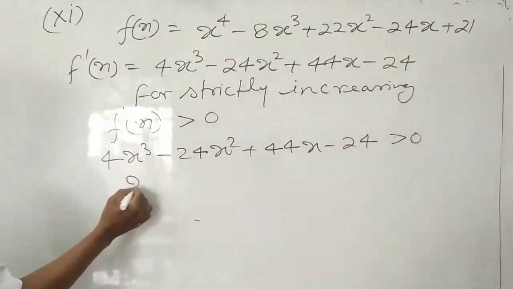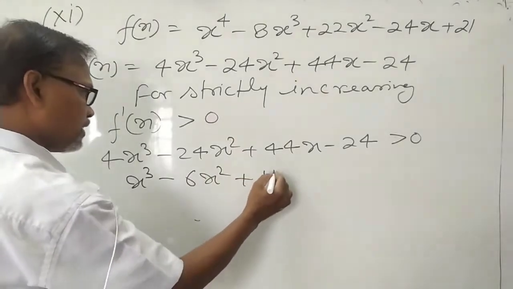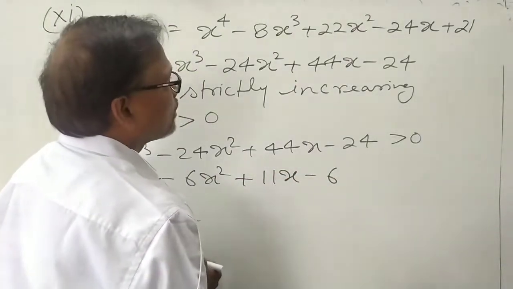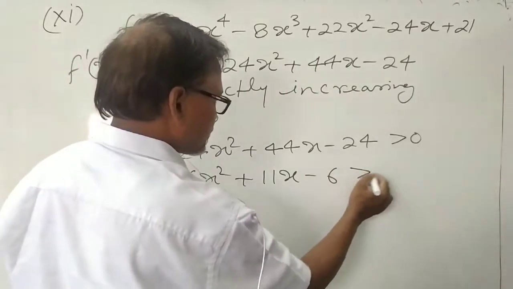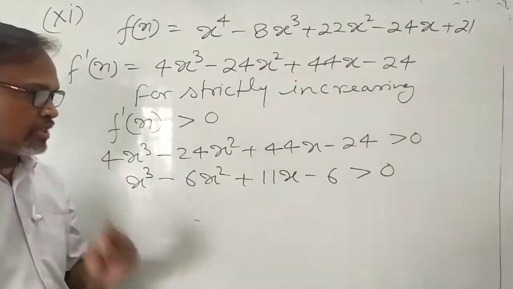Divide by 4. So x cube minus 6x square plus 11x minus 6 is greater than 0. Now factorize it by using the remainder theorem.